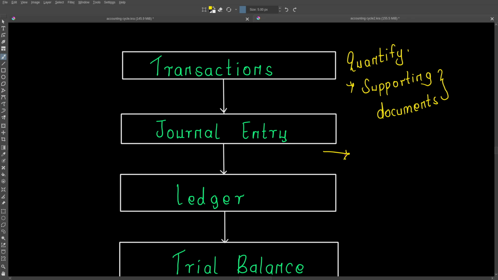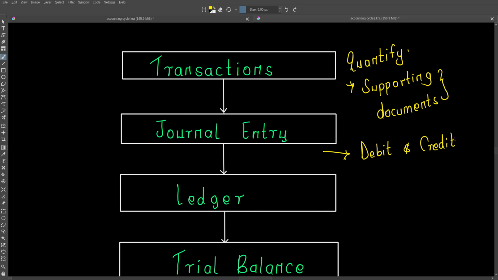We record this transaction by passing something we call a journal entry. And a journal entry uses a set of tools called debit and credit. We use debit and credit to record transactions. Remember, I mentioned earlier, a transaction involves at least two parties.